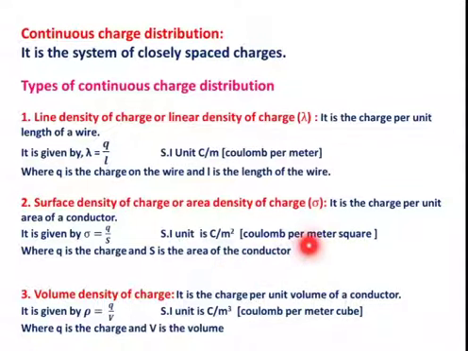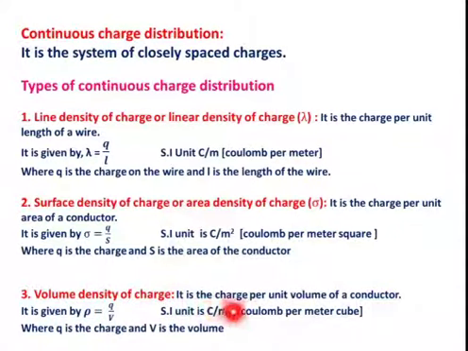If we consider a small piece of the conductor, the area of that piece is this S. The SI unit is coulomb per meter square.